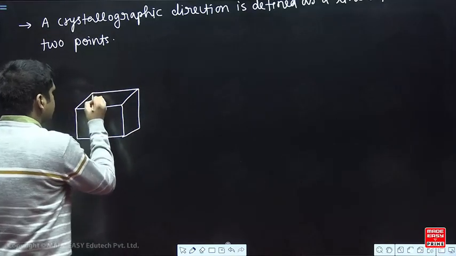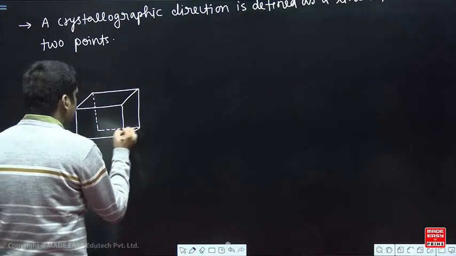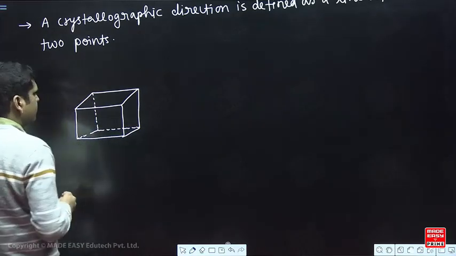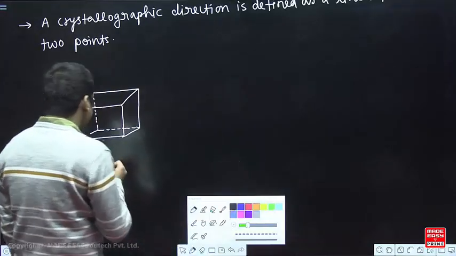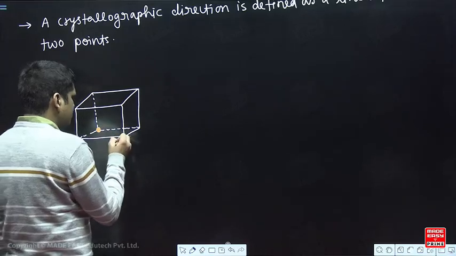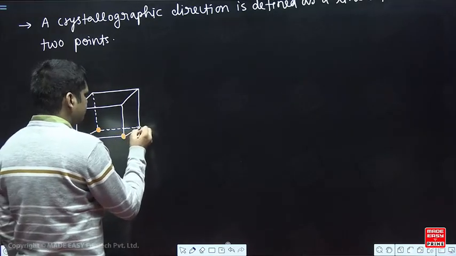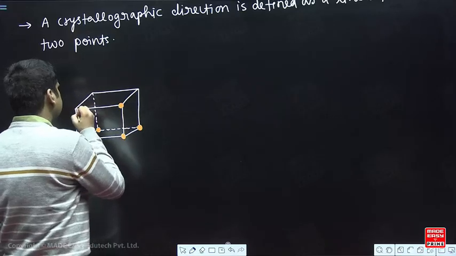Let us suppose we have this cell. This may be cubic or it may not be cubic. That doesn't matter for us. Suppose I want to calculate, here atoms are located at each corner, let us assume this.